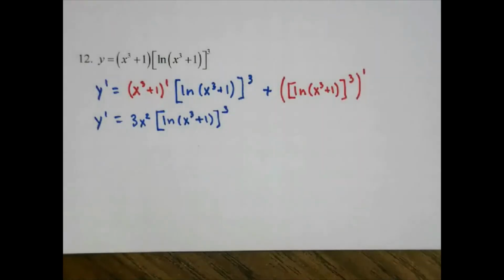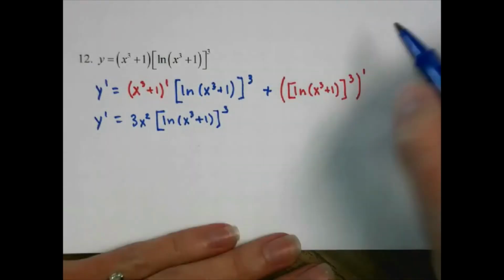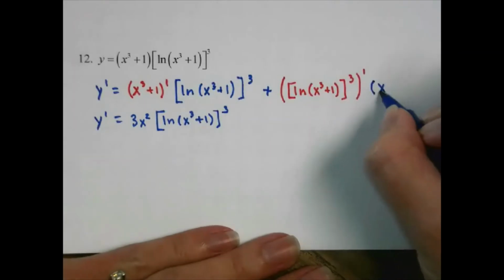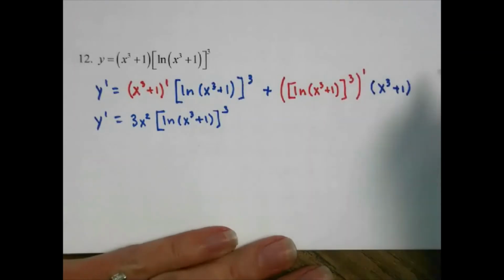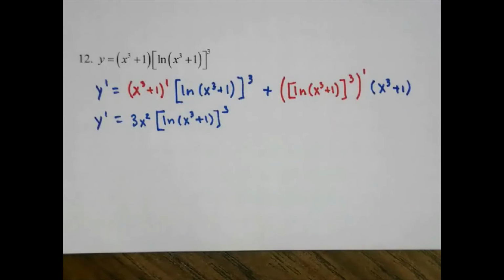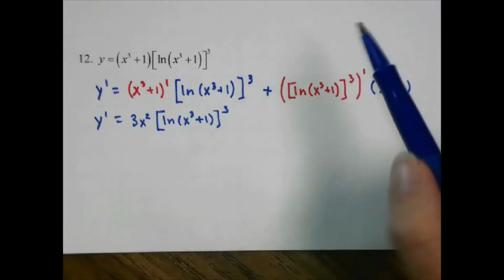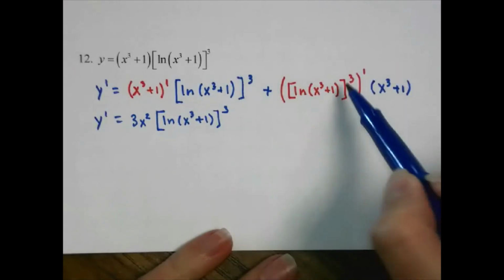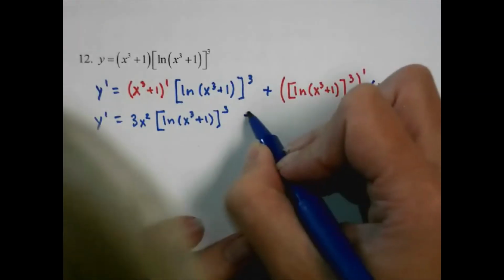This derivative, we have three functions on the outside. Oh, I apologize. On the outside, we have the power 3, then the middle's natural log, then the inside is that.